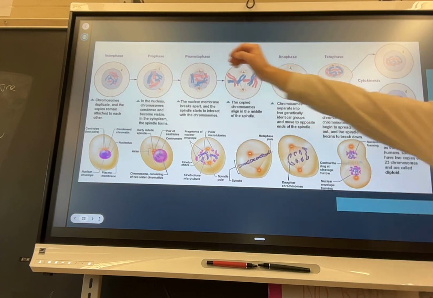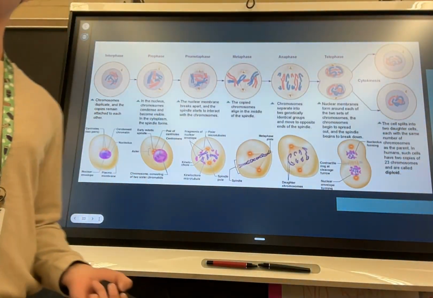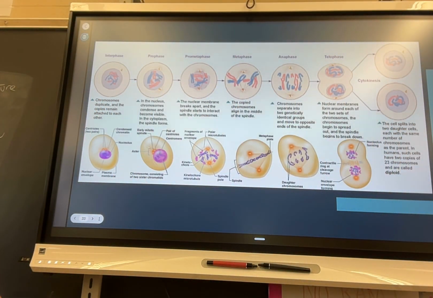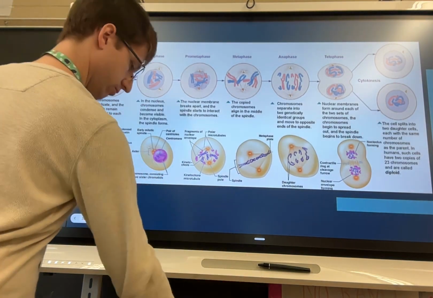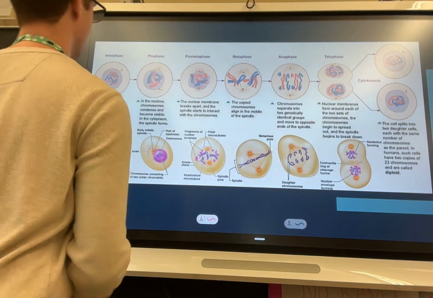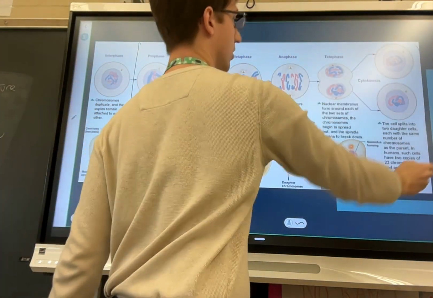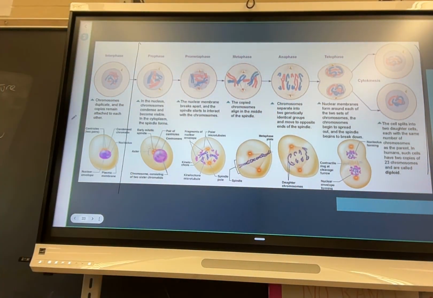So we start out in our interphase. Our interphase was that G1, the S, and the G2 phase, so that big majority of the calendar. And then we're going to jump into our actual cell division. So we start out with a stage called prophase.